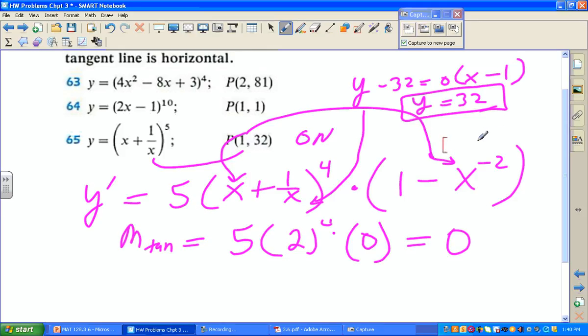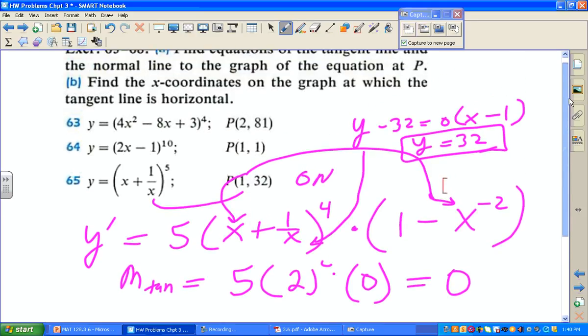What is it? y equals 32 is the equation of the tangent line. What's the equation of the normal line? That is the horizontal line. That is tangent. x equals 1 is the vertical line. The normal line is perpendicular to the tangent.